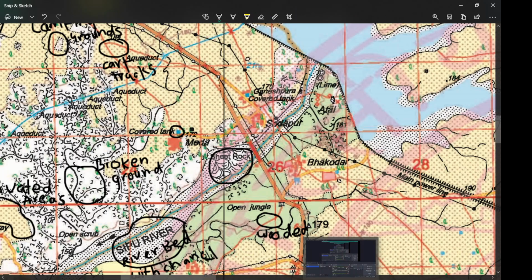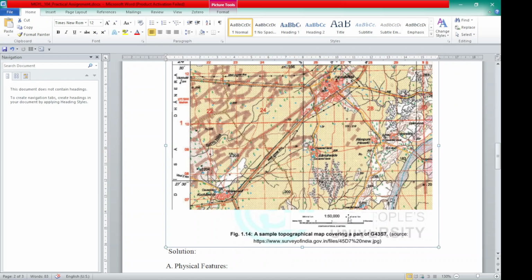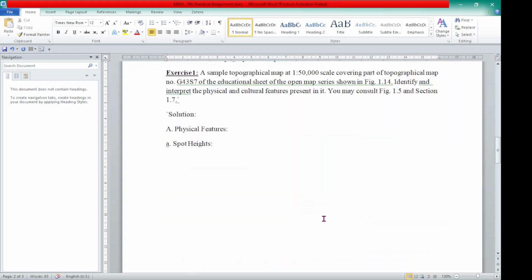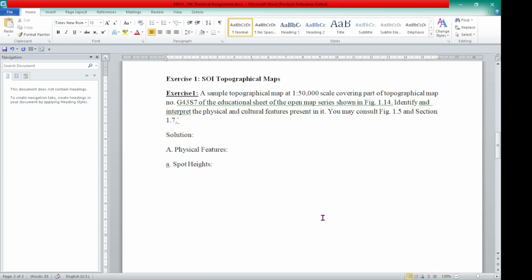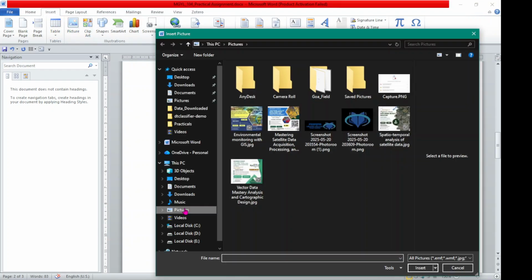If you want, rather than using this particular map, you may as well insert this particular picture.